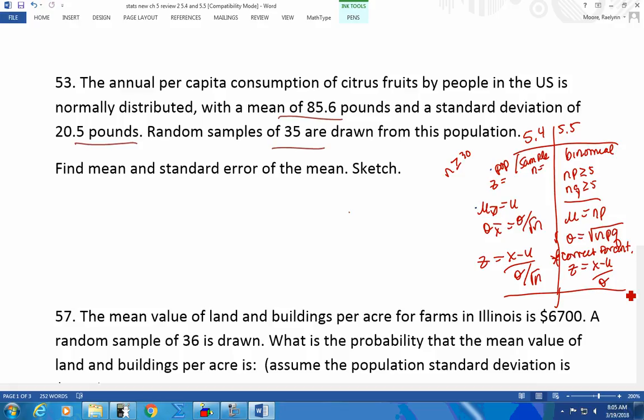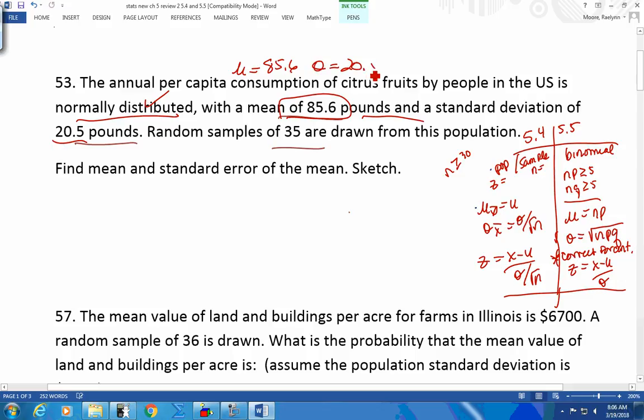So if we look at this one, it says the annual per capita consumption of citrus fruit by people in the United States is normally distributed. They're telling us it's normally distributed with a mean. Is this my population or my sample? Population. Good. It's talking about the whole United States, and a standard deviation of 20.5 pounds.